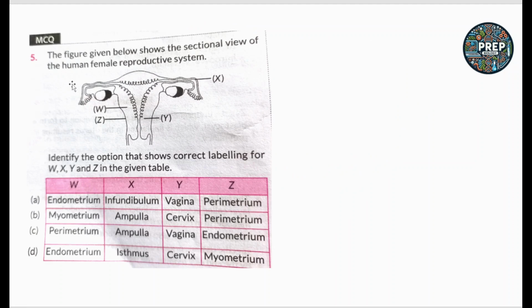Next question is the figure. You have a figure of the human female reproductive system, and you all have to find out the labelings. What is X? X is the ampulla, where the fertilization occurs. What is Y? Y is cervix. What is W?